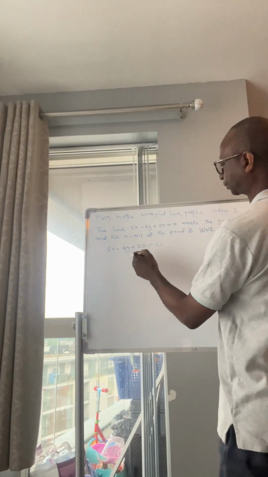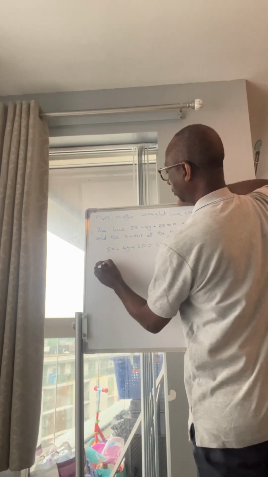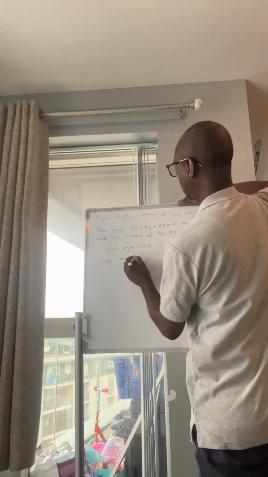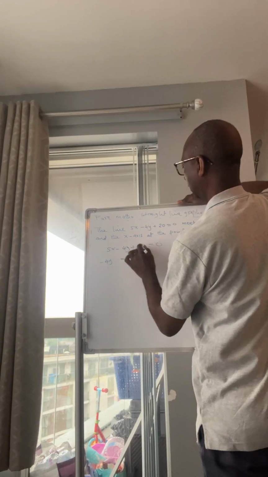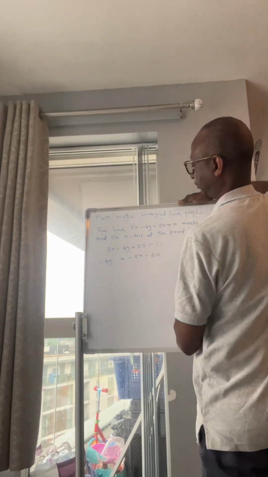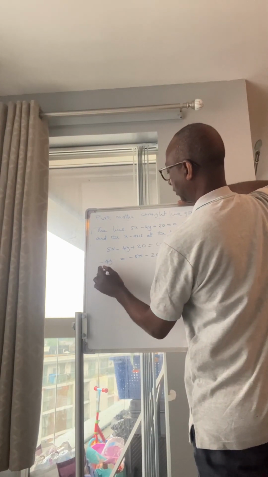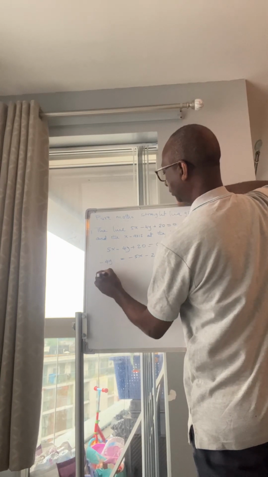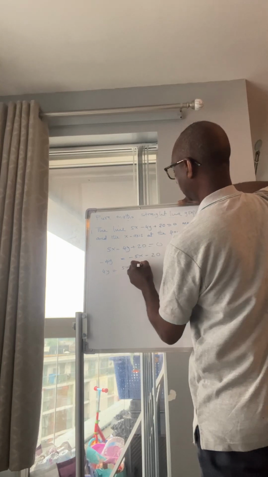So let's bring this equation to this form. Here we know minus 4y equals minus 5x minus 20. So therefore 4y equals 5x plus 20.